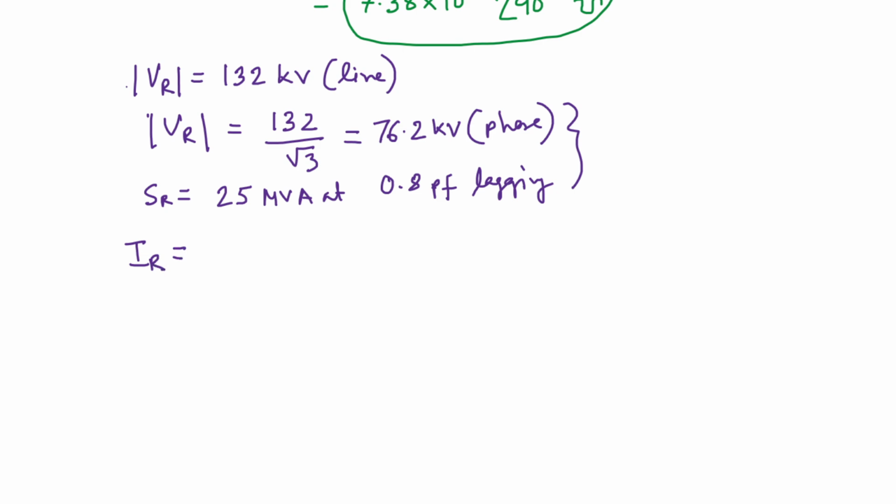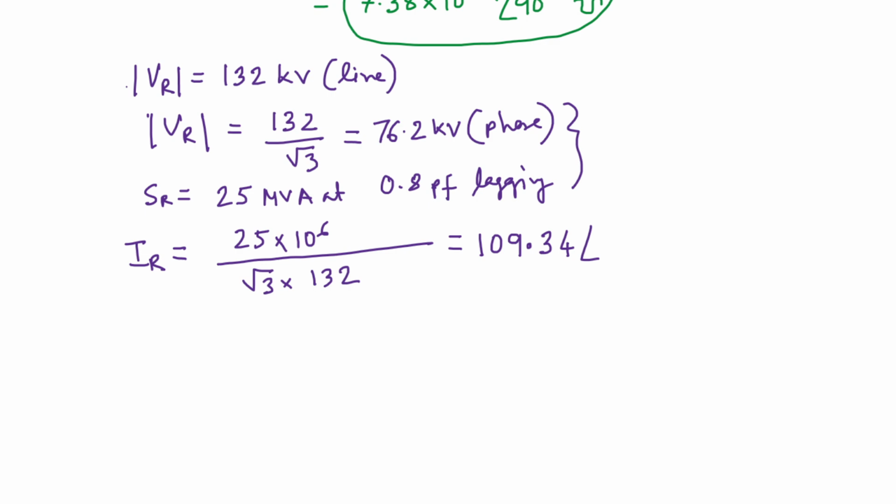So it is 25 MVA, that means 25 into 10 to the power 6 by root 3 into 132, that is equal to 109.34 at an angle of minus 36.9 degree.